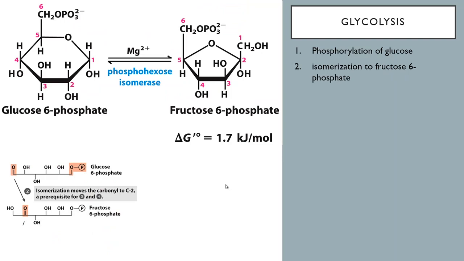And then the second step just involves an enzyme called phosphohexose isomerase, because all you're doing is isomerizing glucose into fructose. Fructose is a ketone sugar, so all we're really doing is moving the carbonyl group from the number 1 carbon to the number 2 carbon. And that's probably important because it allows the next step to happen.